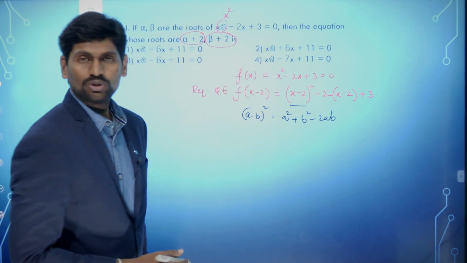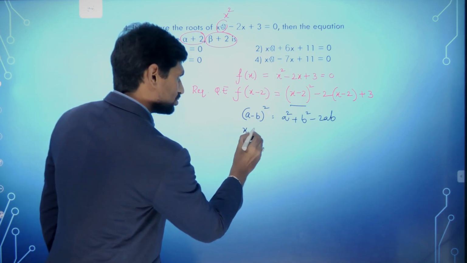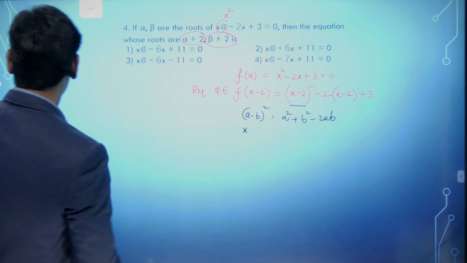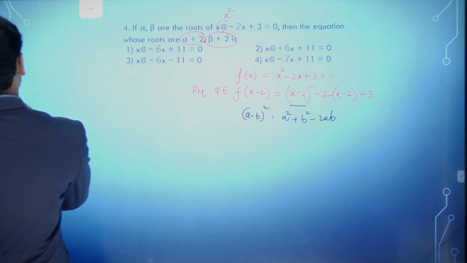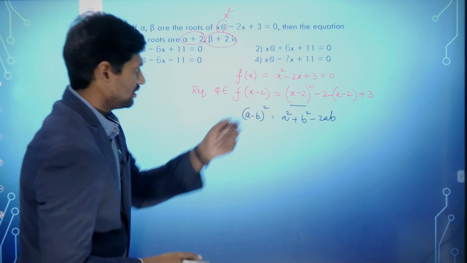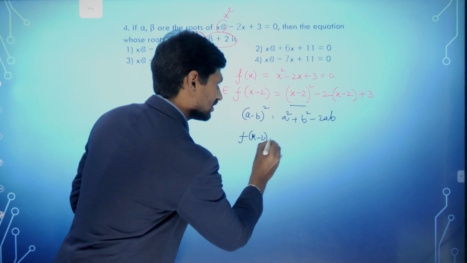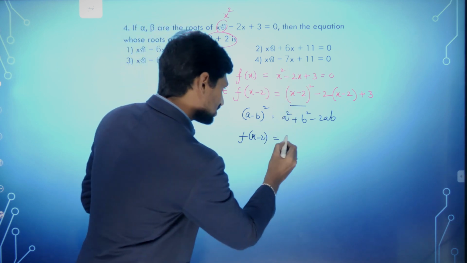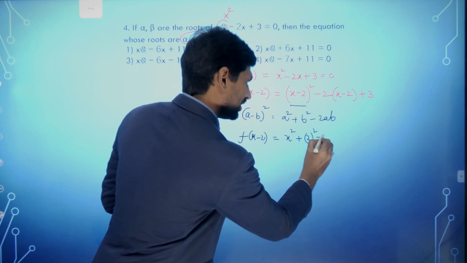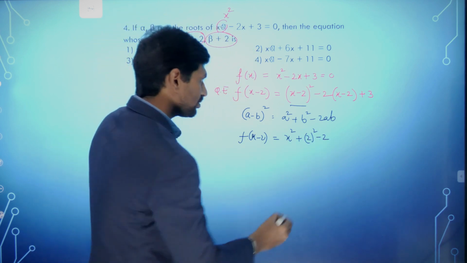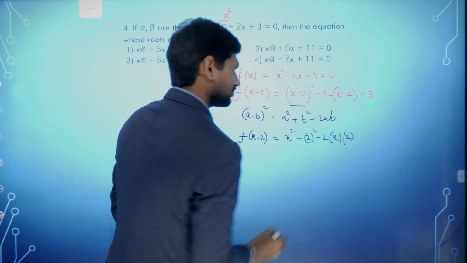Now x minus 2 whole square I can write as x square plus 2 square minus 2ab, that means 2 into x into b value is 2.